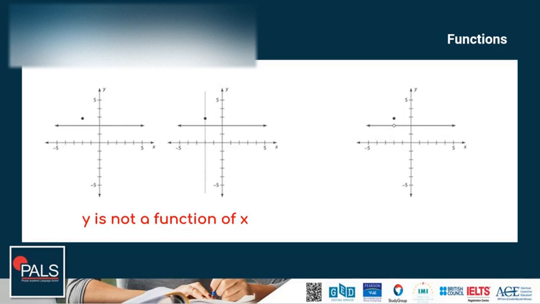At first, it looks like there are two values of y. However, the other one is an empty dot, or an empty circle. So therefore, it's not included. So one value of y. So therefore, this graph represents y as a function of x.